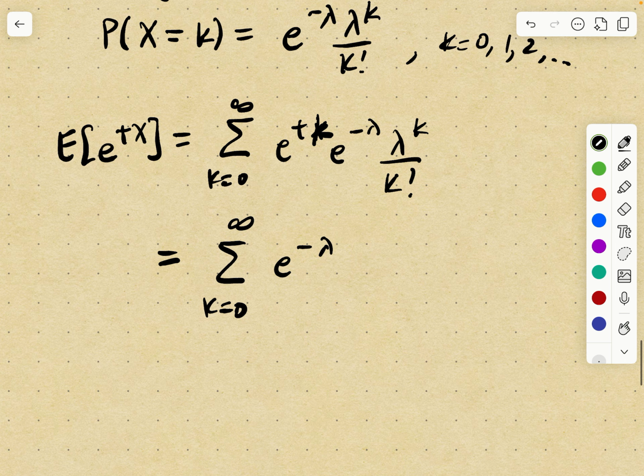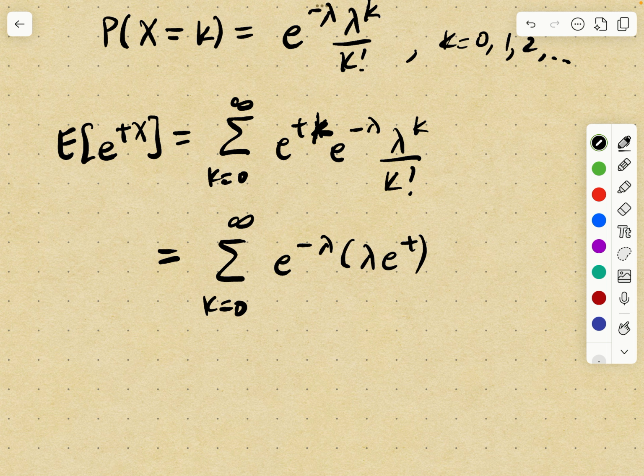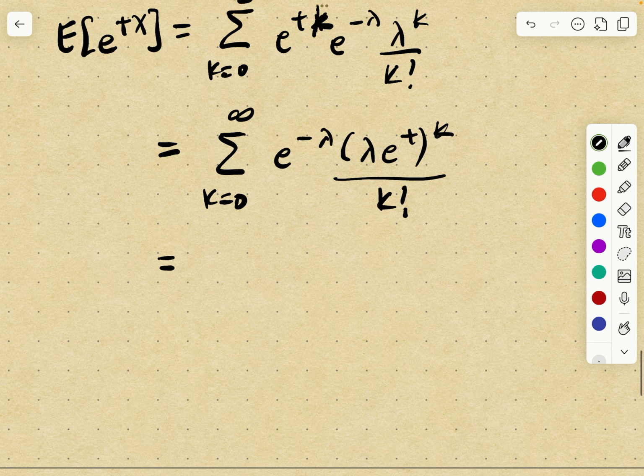So we can combine this and that, and that's going to give you lambda e to the t, to the k power over k factorial. And then we can move the e to the minus lambda out. So you're going to get this.